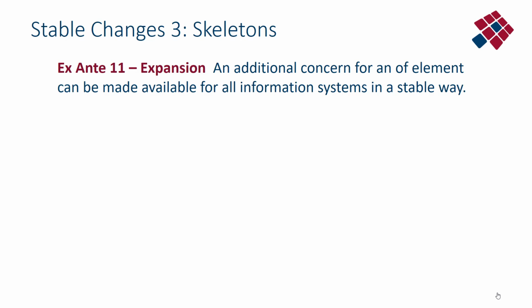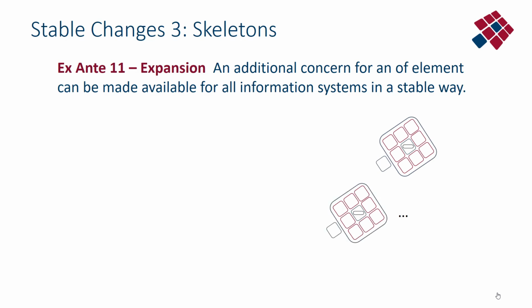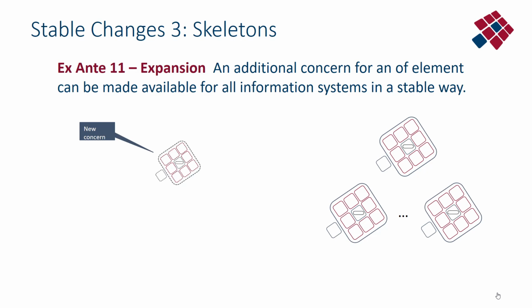So you also can add additional concerns to an element in a stable way. Now, suppose that you have a number of elements and you say there is a new concern. Well, the new concern may require that you introduce additional clauses into the element structure.